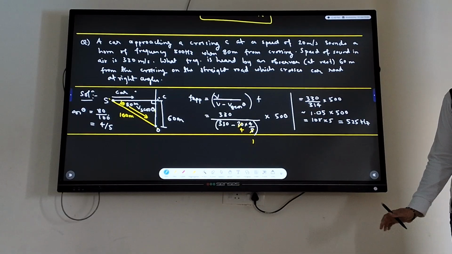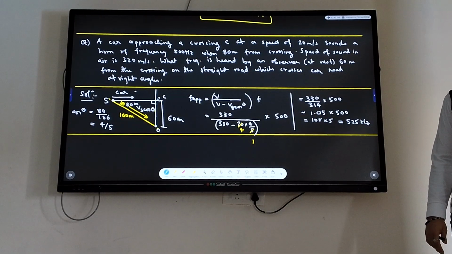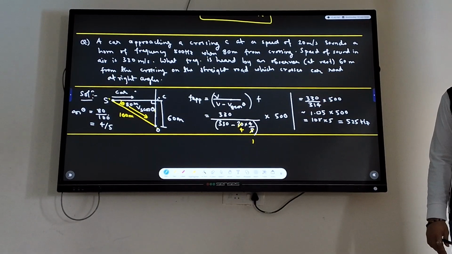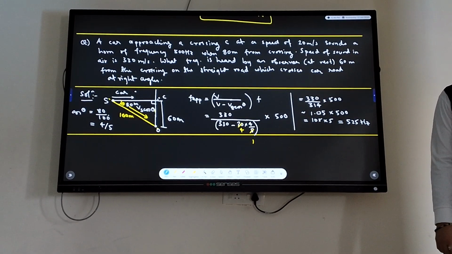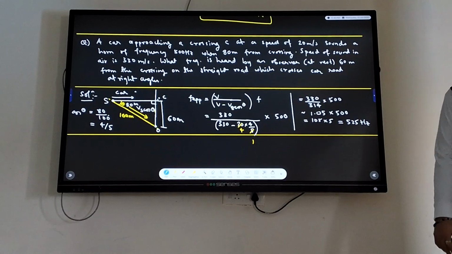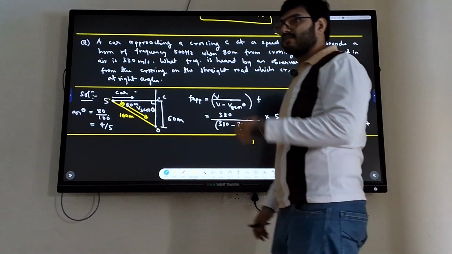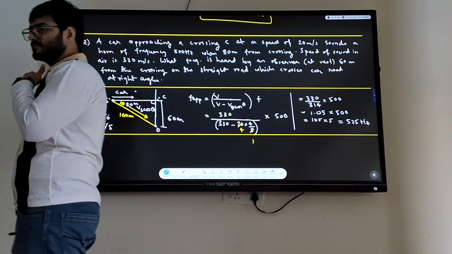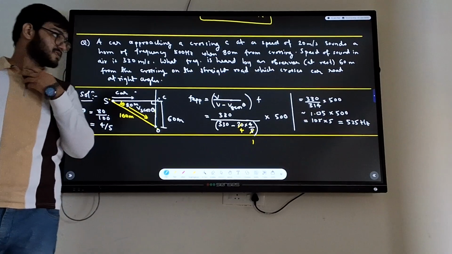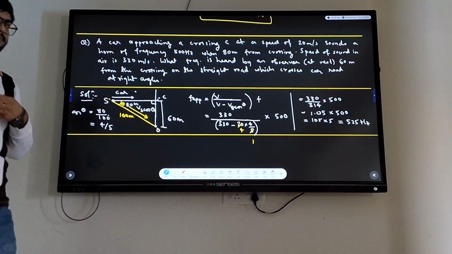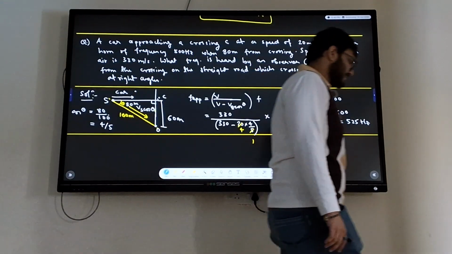How many of you got the answer independently, after I started with the solution? Good. Okay, good. So let me write the next question if it is done. So try to imagine everything. Only then you will get it.